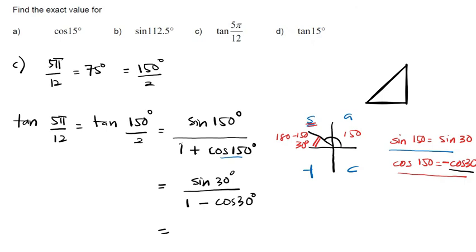Since we know the formula for equilateral triangle, where for 30 degree, here should be 1, square root of 3, and 2. So as we substitute the value, we will get this answer.